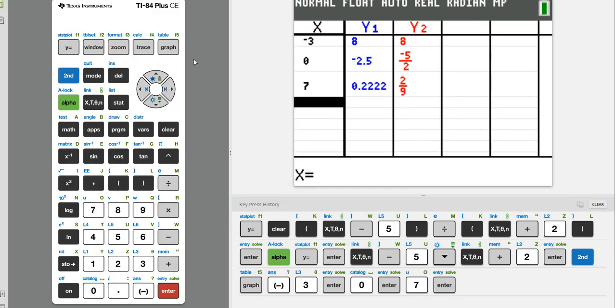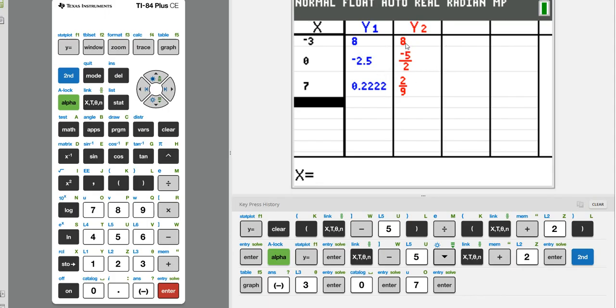Now, the one annoying thing about using the fraction key is that you didn't get decimal values. It gave you actual fractions. If you're more comfortable with actual decimal values, we can make that work too. But either way, it's still going to give you what you need.